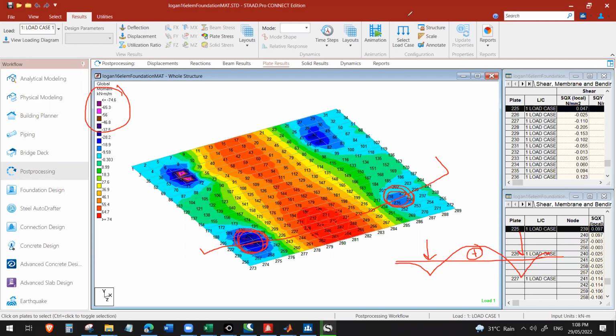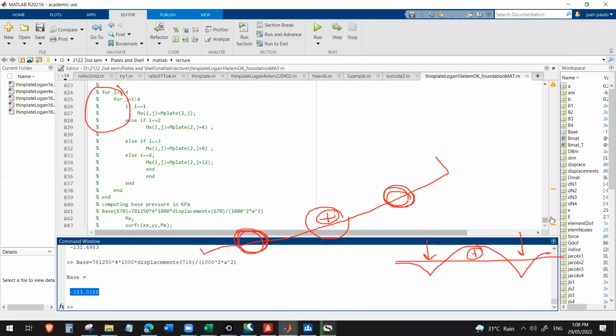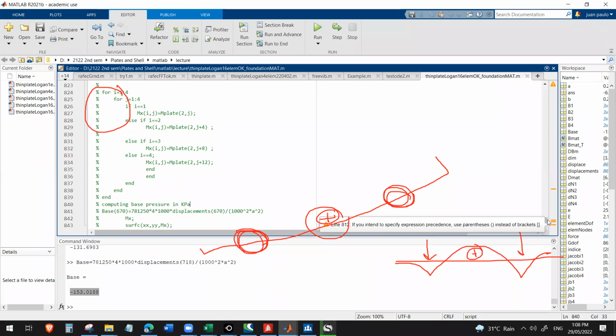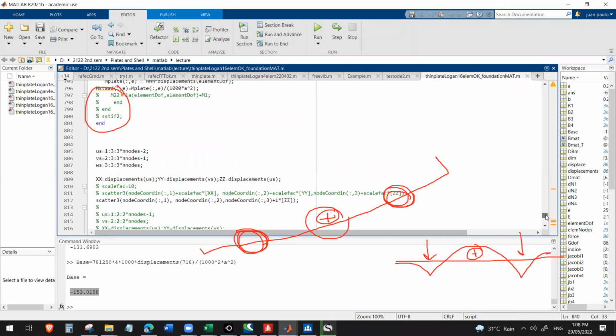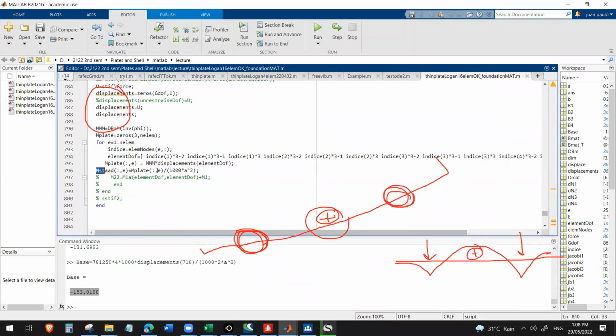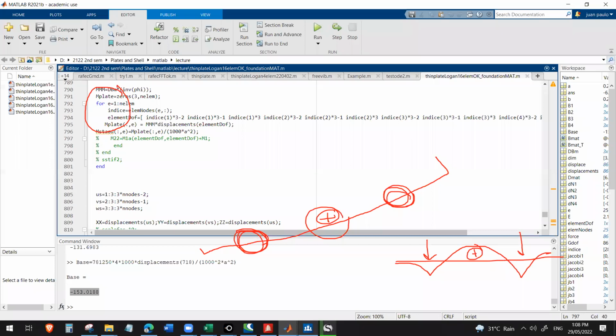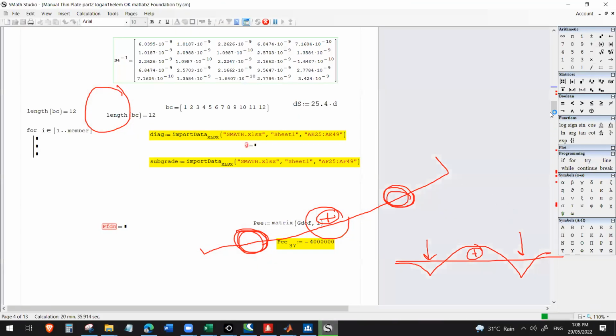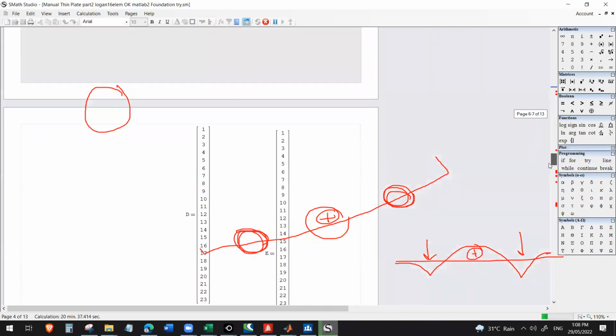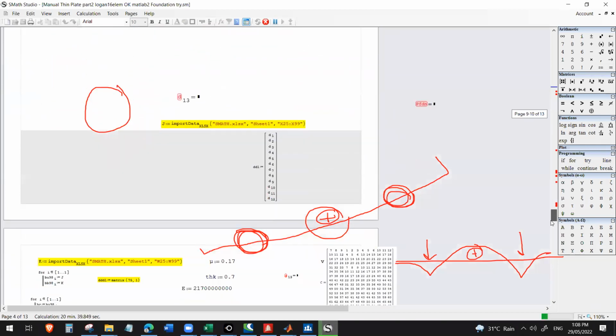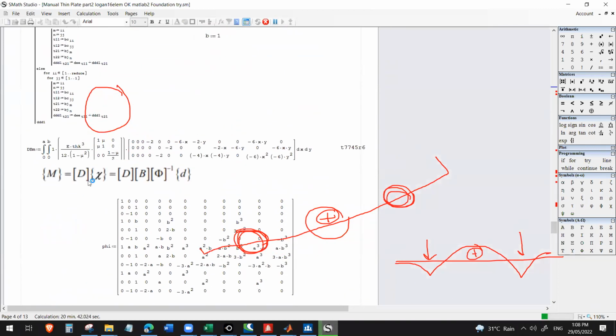So let me check. By the way, how do we compute the moment? This is the formula. We already discussed this in the last example. This is our formula for the moment.